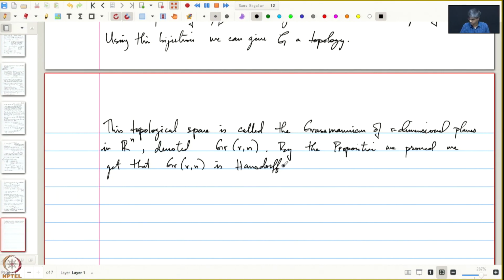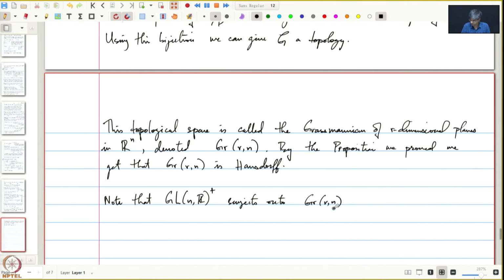And further note that GLn R plus surjects onto this Grassmannian r comma n.